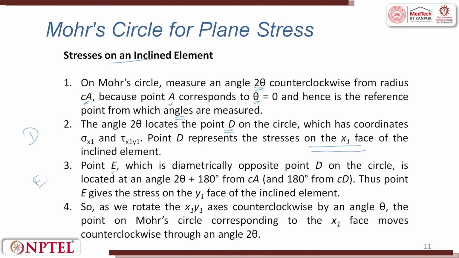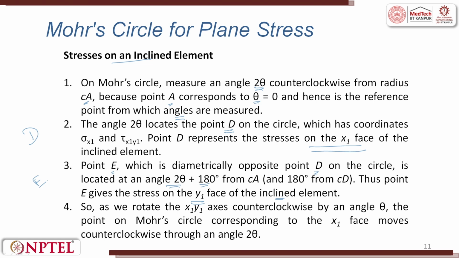We will see the drawing when we do it. Point E, which is the diametrically opposite point of D on the circle, is located at an angle 2 theta plus 180 from CA, and 180 from CD. Thus, point E gives the stress on the y1 face of the inclined plane.